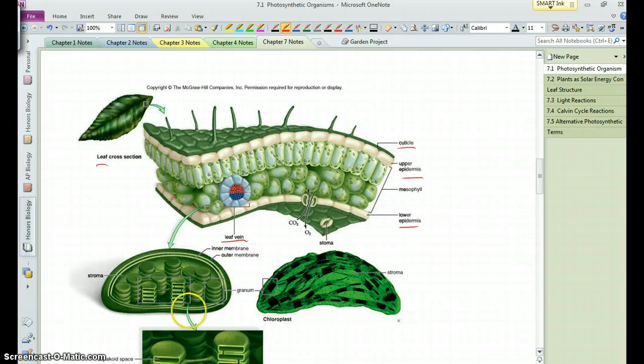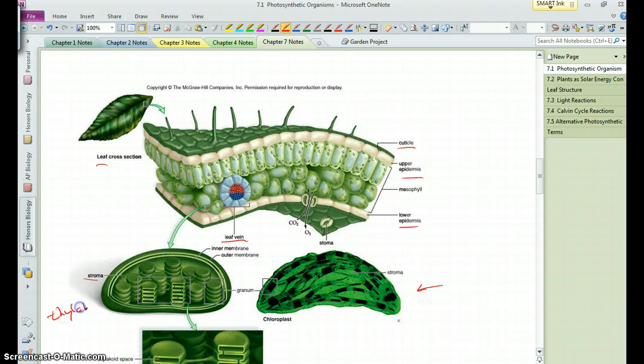And now we're looking at a chloroplast here, and this is one from an electron micrograph. And so that chloroplast, it's this membrane-bound organelle that photosynthetic organisms have, except for the cyanobacteria, they don't have one, but all the algae and plants do. And so it's got an inner and an outer membrane, and then the stroma, which is the liquid inside, and then surrounded by the stroma is the thylakoid membrane, which is all these stacks inside there.